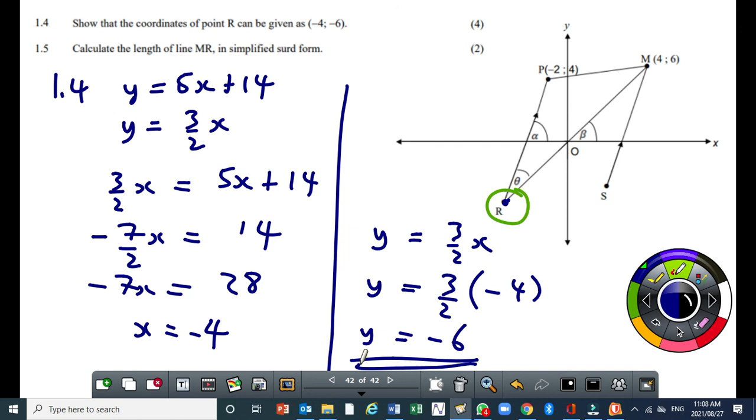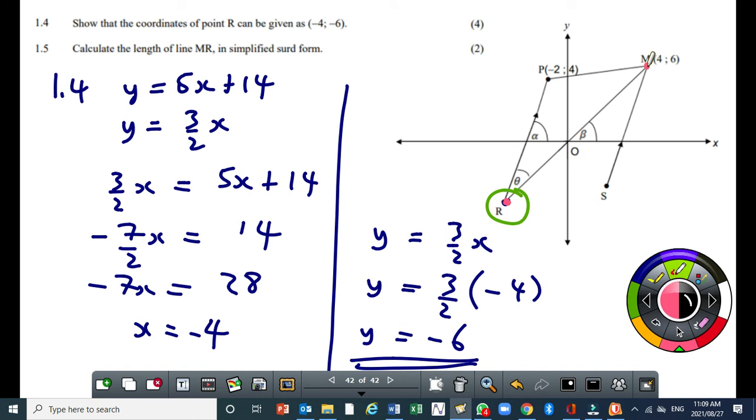All right. Then the next question says, calculate the length of line MR in simplified surd form. So MR, this is R, that's M, right? Now we just have to use the coordinates of those 2 points to determine the length. That's very easy.